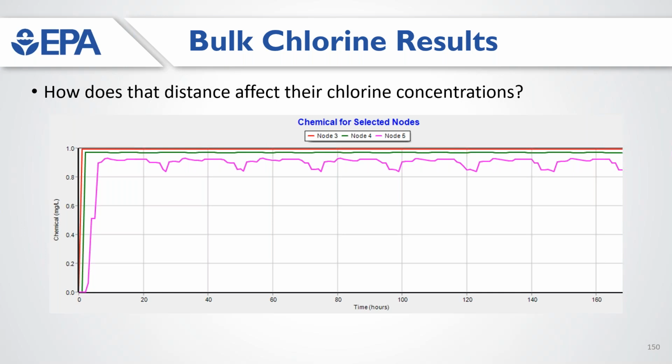You can see that the farther away the node is, the longer it takes to reach a steady state. The farther away a node is from the chlorine source, in this case the reservoir, the lower the chlorine concentration, because the chlorine reacted in the bulk water as the water was being transported through the network. So we can see node 4 is less than node 3, which was closer, and same with node 5.